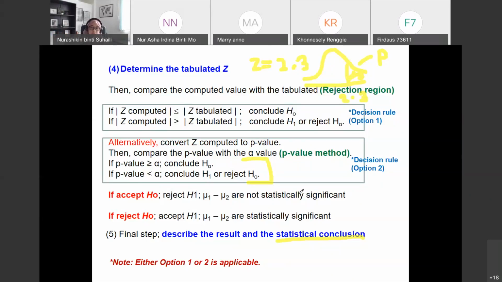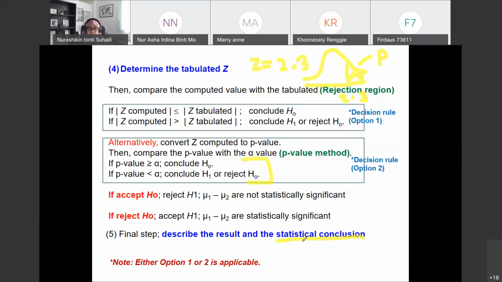So if you are analyzing the height of two samples, you have to make it clear: the mean height of sample 1 is not equal to the mean height of sample 2, or whatever is mentioned in the question. It must be specific.